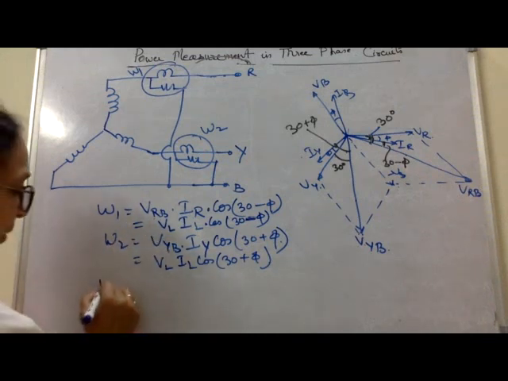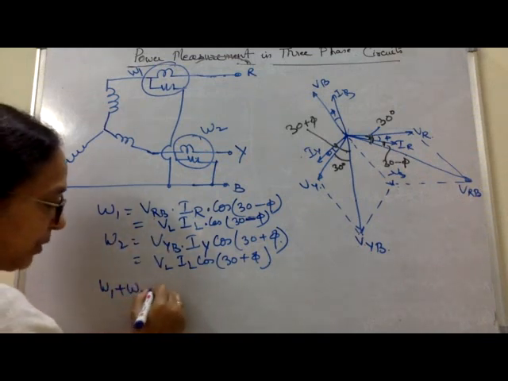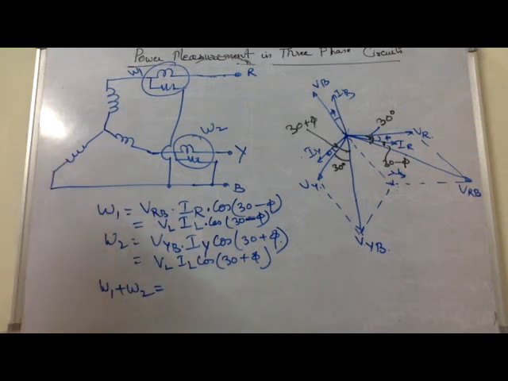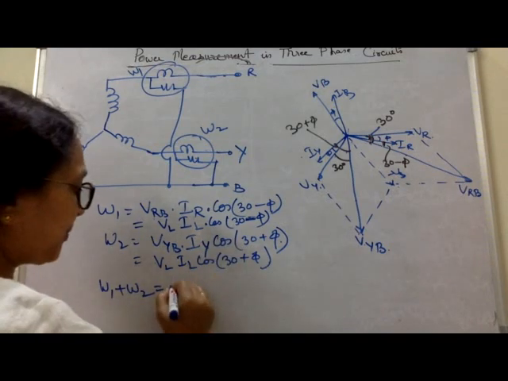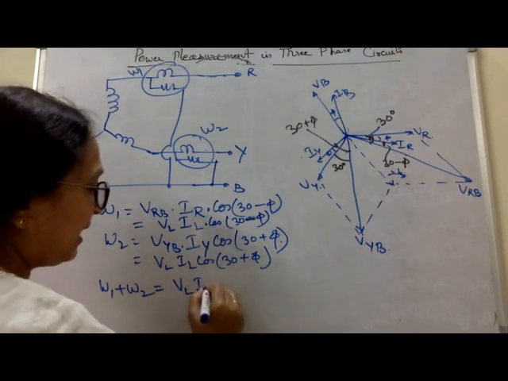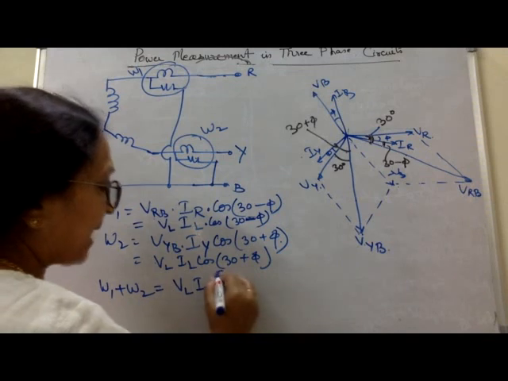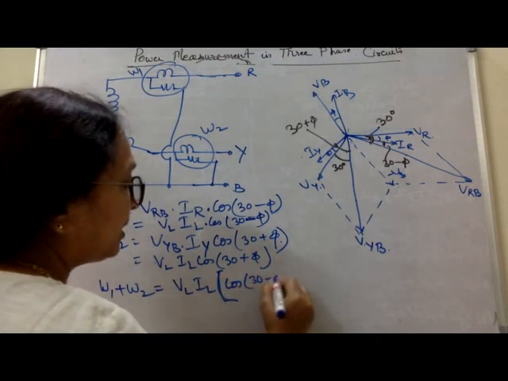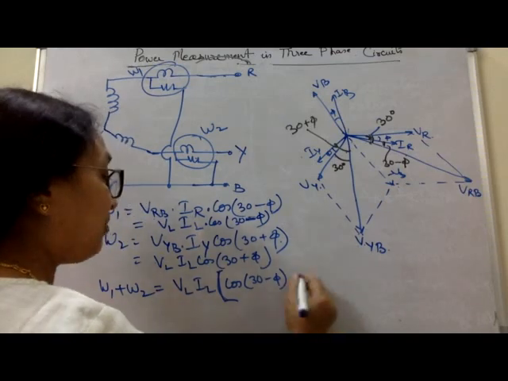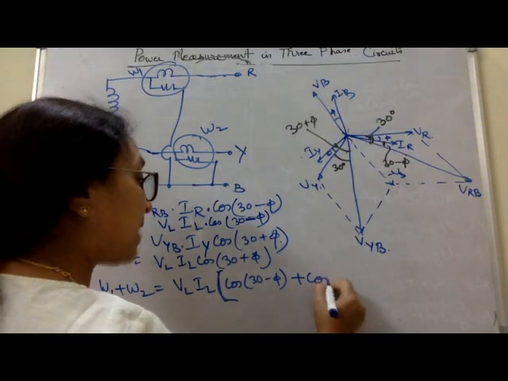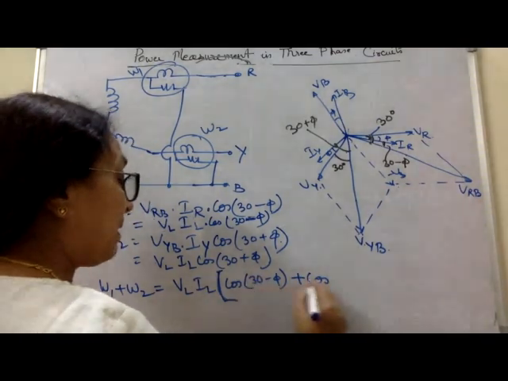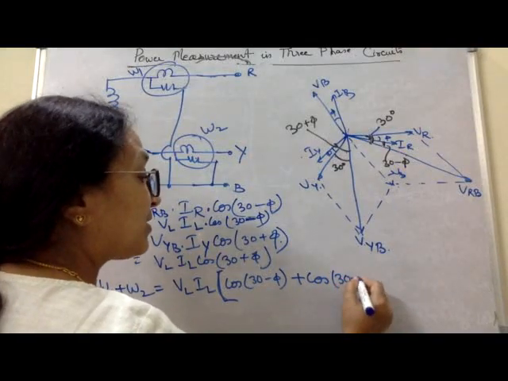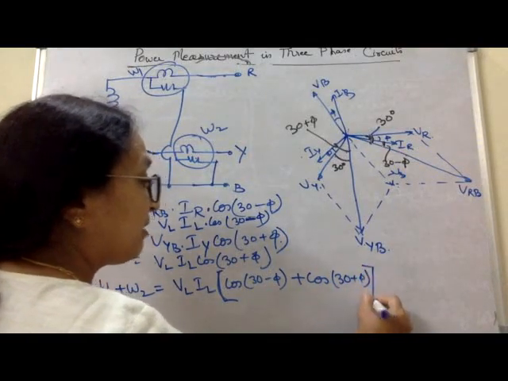Now when you add the two, W1 plus W2, VL IL is the common term in both equations. So this becomes VL IL in bracket cos (30 minus phi) plus cos (30 plus phi).